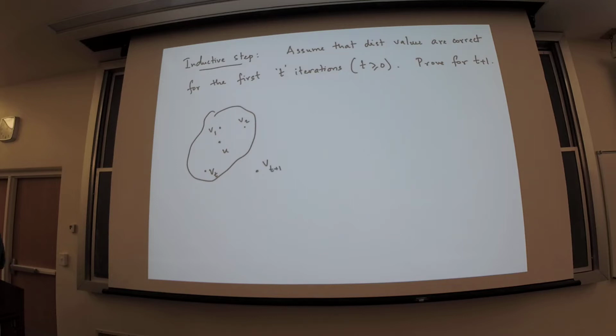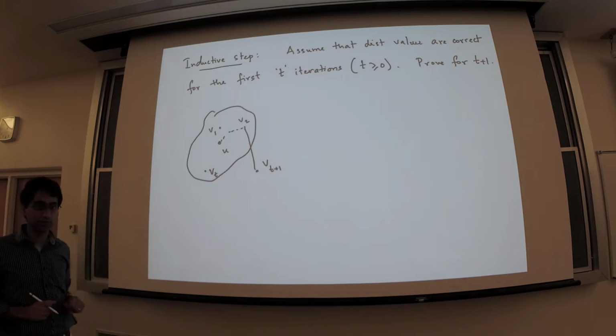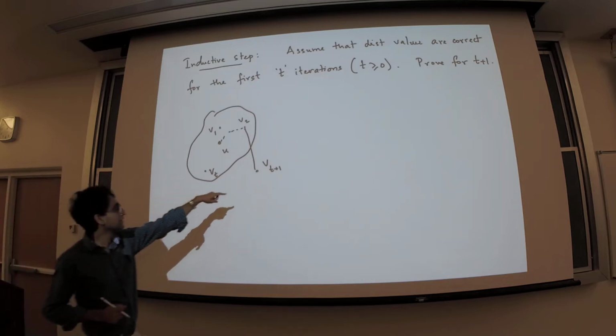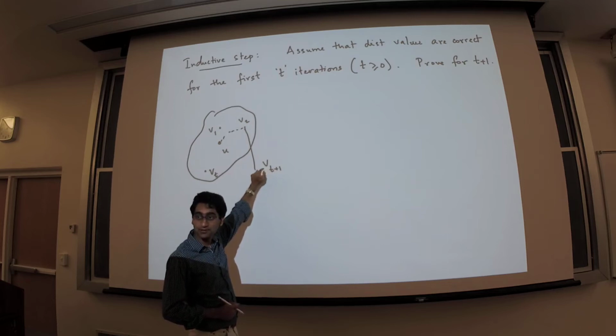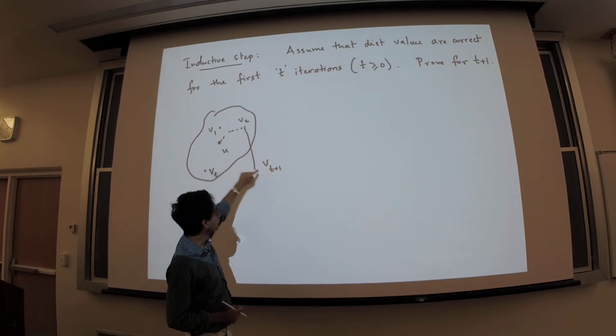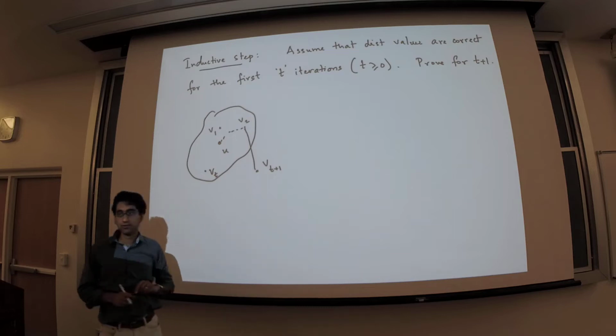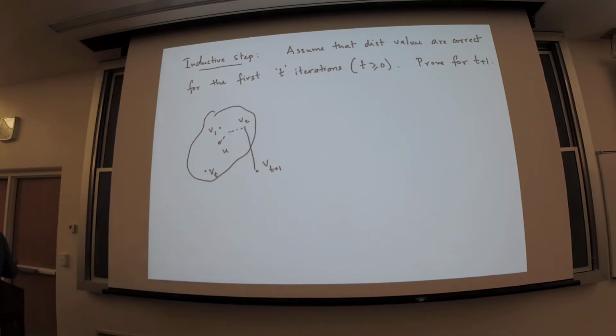This would be the vertex for which the distance from u to something here plus the edge to vt plus 1 is as small as possible. We would like to show that the distance value the algorithm assigns to vt plus 1 is actually the true minimum distance from u to vt plus 1.